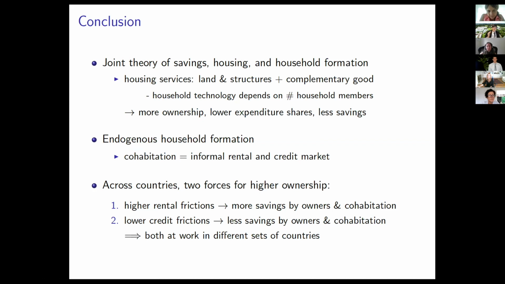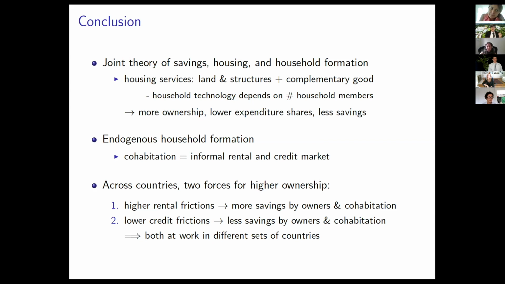So while land and structures can more easily be shared within the household, couples need to spend more on water, on cleaning services, and on certain kinds of furniture. They therefore spend more on the complementary good, which is a flow expense, and less on the durable assets, land and structure. This setup helps us explain why in all countries, couples have higher home ownership rates than singles.